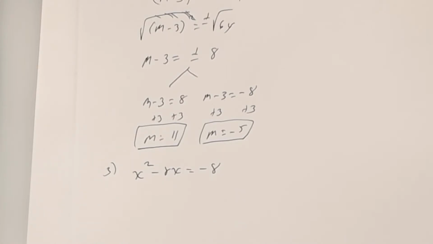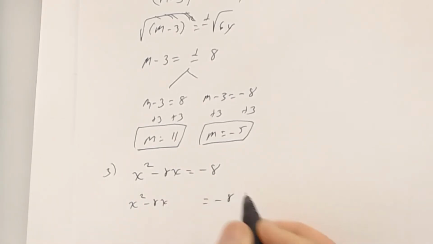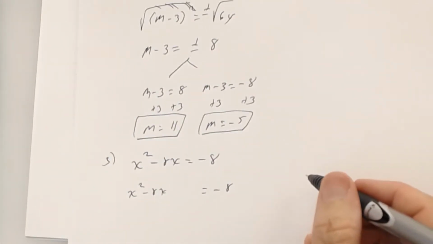All right. So the constant's already on the other side, right? So remember, the first step is to bring all the variables to one side, constant to the other. Well, it's already in that form. But you do need to leave some space between the variables and the constant. So x squared minus 8x, leave some space, equal negative 8. All right, what's the next step?